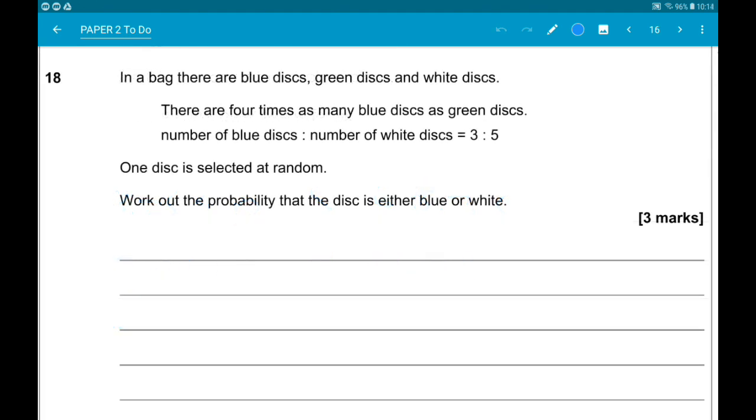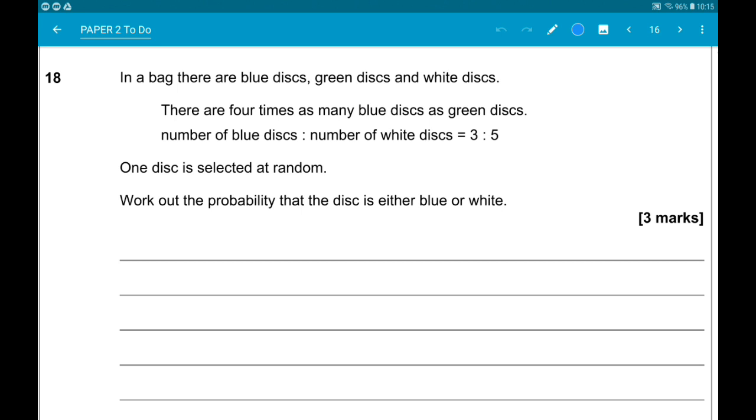Okay, number 18, a nice bit of ratio. So remember, down below there's a whole playlist of ratio exam questions you can download and print off yourself. So there are blue discs, green discs and white discs in a bag. There are 4 times as many blue discs as green discs. So straight away, let's turn that into a ratio.